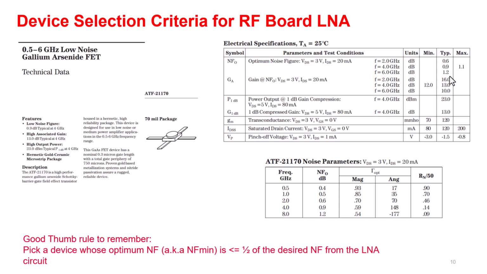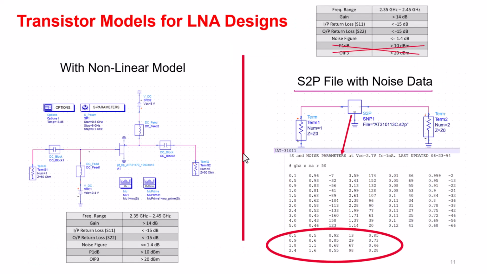So selecting good enough gain and maintaining good overall noise figure is the key to meet the overall receiver system level performance matrix. So based on my specifications, since I am looking to target around 1.4 dB of noise figure and better than 14 dB kind of gain, if I look at this particular device, that seems okay, and this is what I will use in my design work.